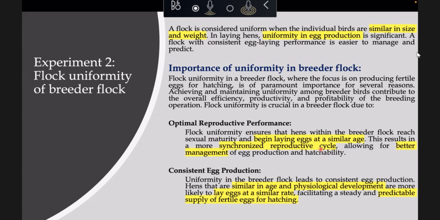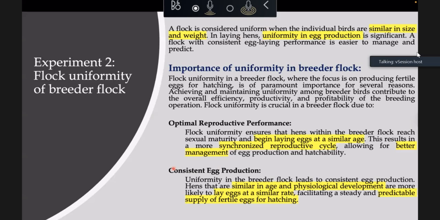So those vaccination times would be similar for all birds as well if they are similar in age, right? So this is one of the criteria, and this is the benefit of having a uniform flock. All this allows for better management of egg production and ultimately hatch, which is our target from our breeder stock eggs.